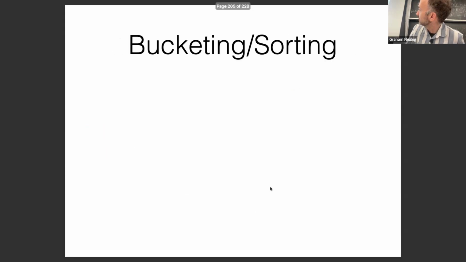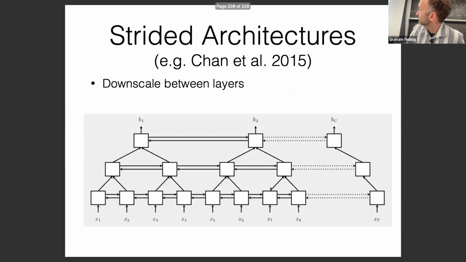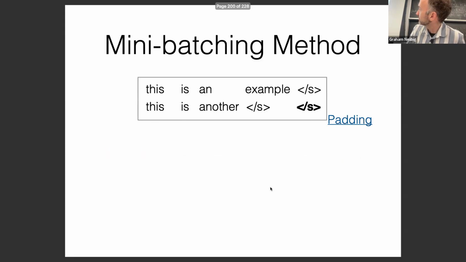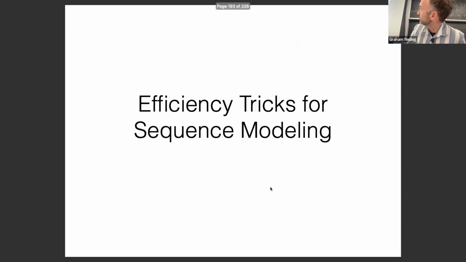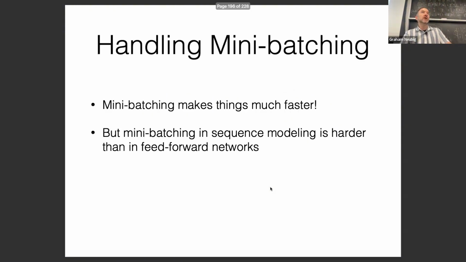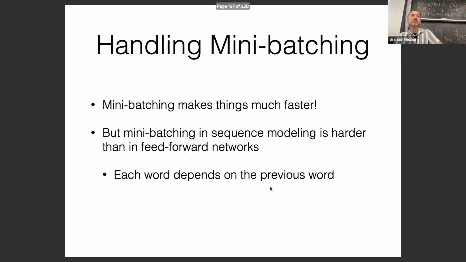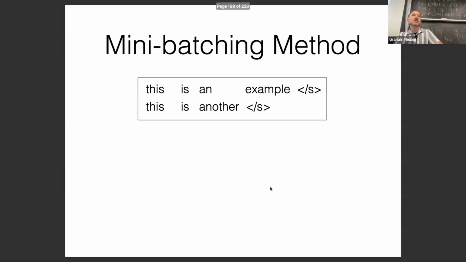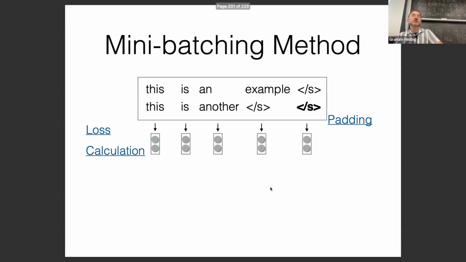Actually, I think I will skip that part for applications. But I would like to talk a little bit about mini batching or batching. And batching makes processing much, much faster, especially if you're doing it on GPUs. The way it works is you essentially pad sequences to make them the same length.